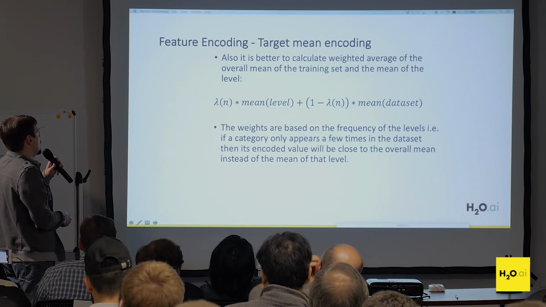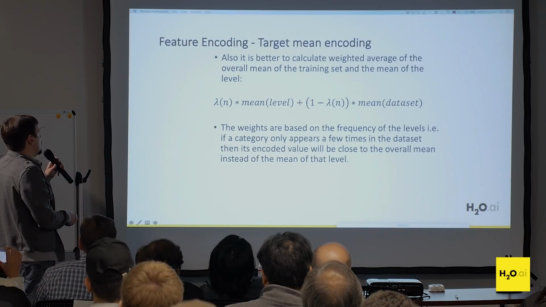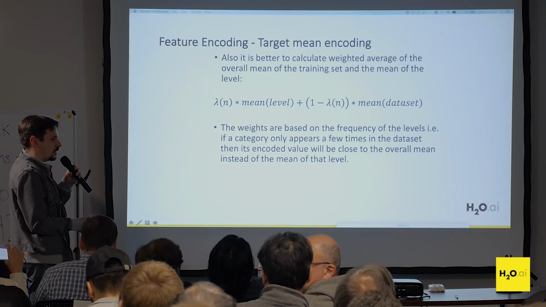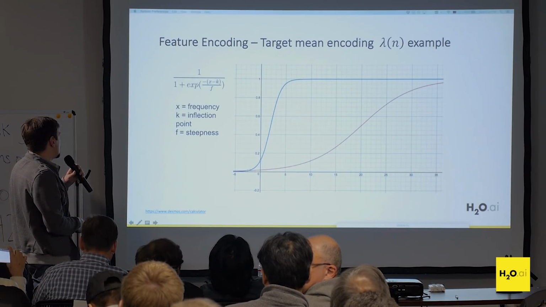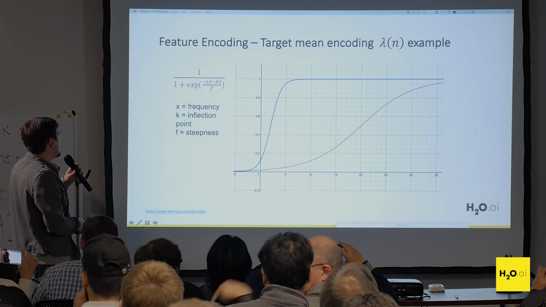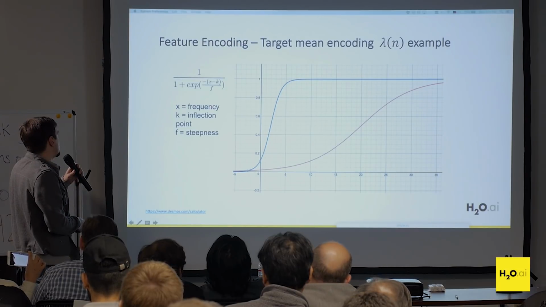That means your average will rely more on the mean of the level, not on the mean of the data set. So it's some sort of smoothing approach. And usually a good choice is a sigmoid-like function to model this kind of idea.